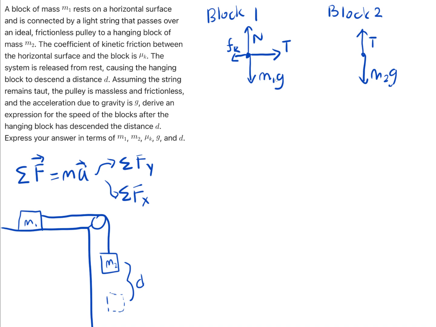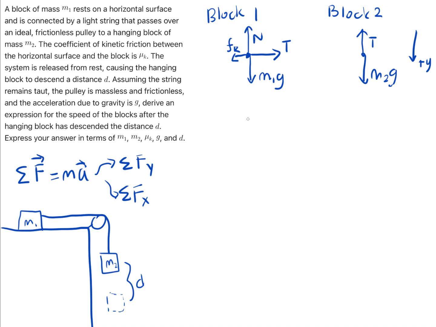For each of these free body diagrams, we can choose the axes in any way we want. For block 2, I'm going to choose this direction to be the positive y direction, just for convenience because the block is moving downwards.